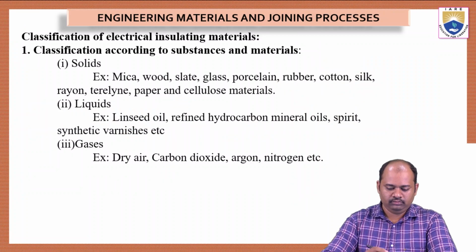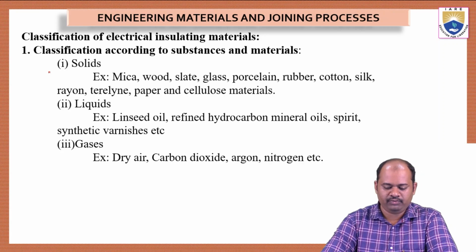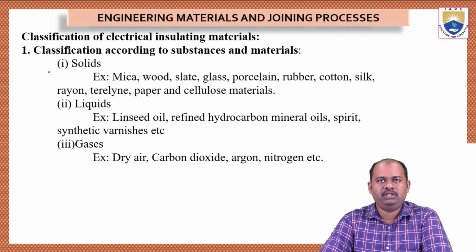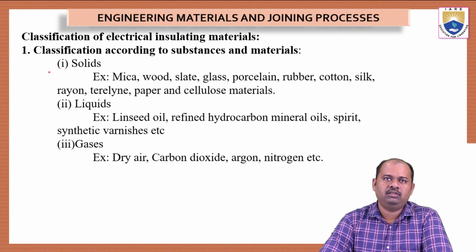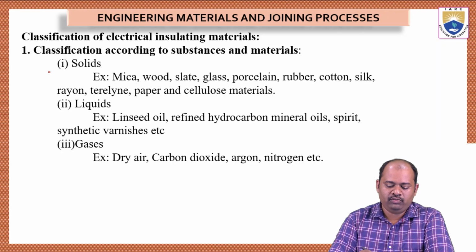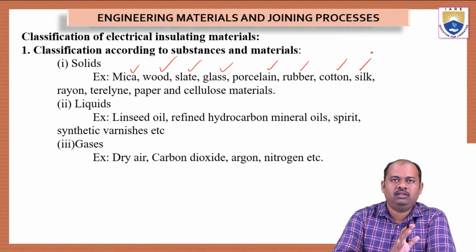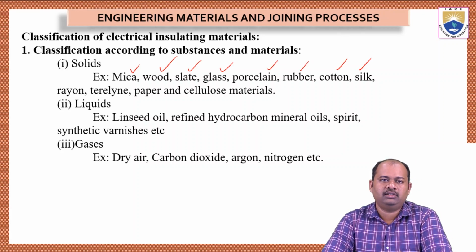And then we have the classification of electrical insulating materials, classification according to the substance and materials. Depending on the type of materials used, we have three types: solids, liquids, and gases. In solids, we have mica, wood, slate, glass, porcelain, rubber, cotton, silk. These are all examples of solid insulators.